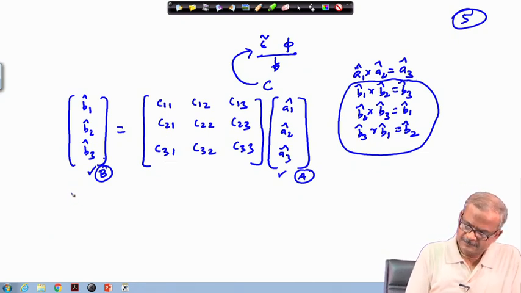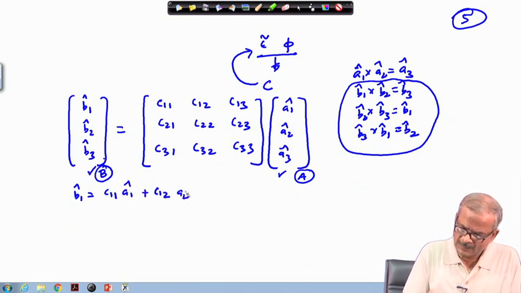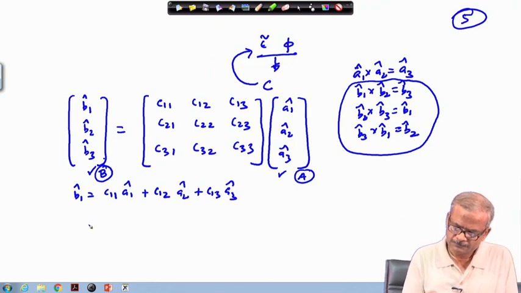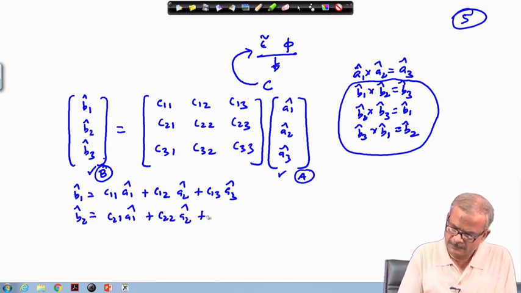Let us look into this. We have B 1 cap equal to C 1 1 A 1 cap plus C 1 2 A 2 cap plus C 1 3 A 3 cap. Similarly, B 2 cap equals C 2 1 A 1 cap and so on up to A 3 cap.